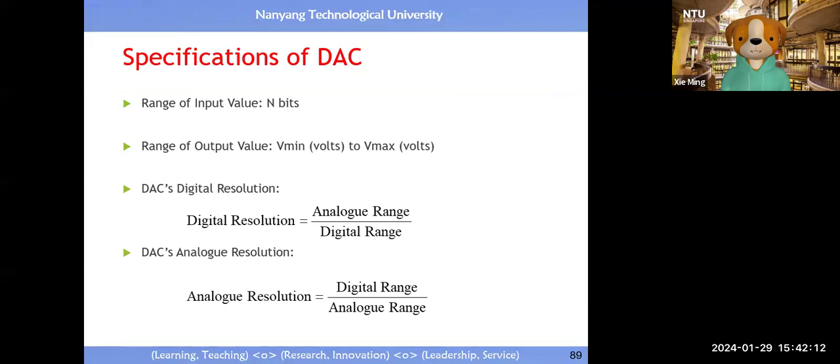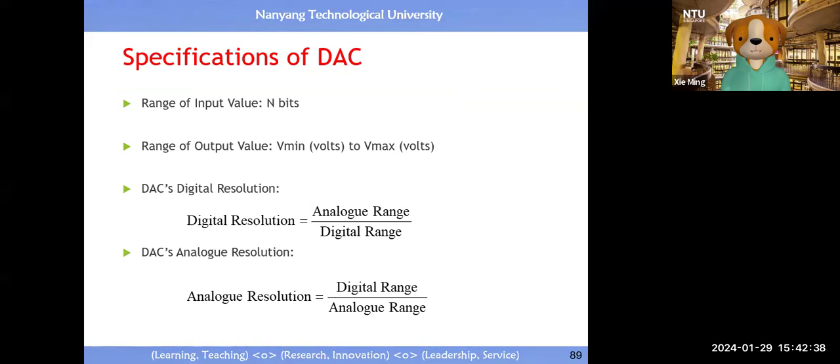Okay, based on this digital to analog conversion, we can come up with two specifications about the resolution. For example, how many analog volts per unit bit? This is the digital resolution: one bit of input digital number produces how many volts as output.